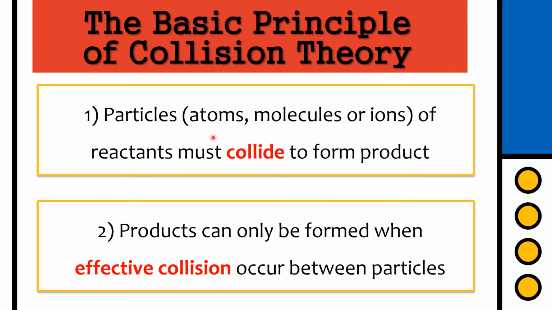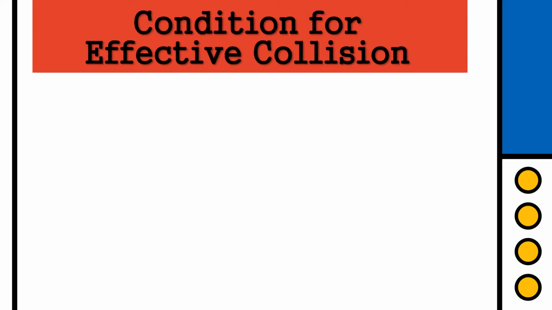So first, the reactant particles must collide with each other. The second, they must collide effectively. So what does effective collision mean? By right, effective collision is a condition when the reactants collide with each other and form the products.